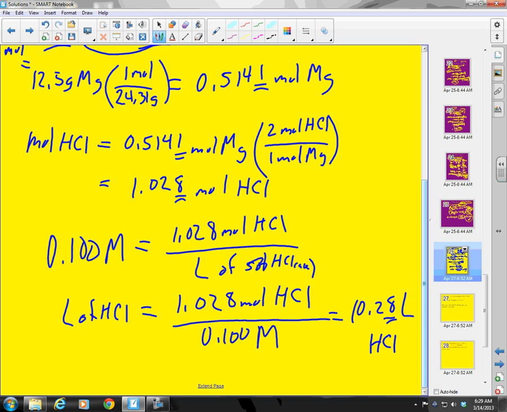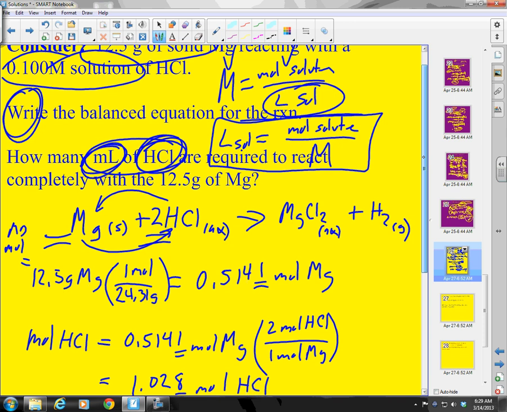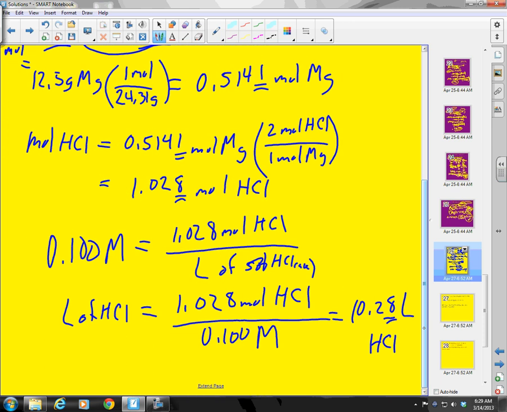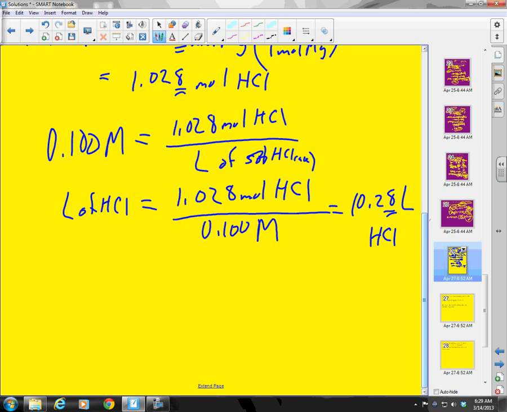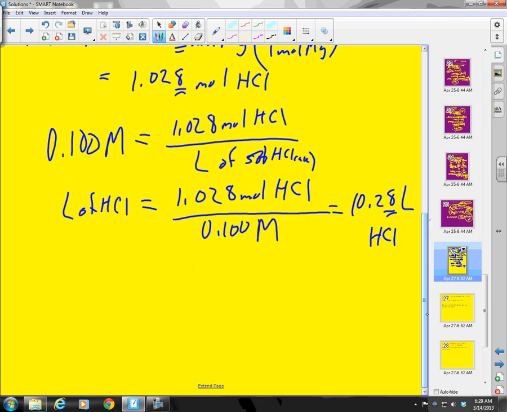But do I want liters of HCl? No, I want how many milliliters of HCl. Holy moly. That means I have to multiply that by 1,000. 10.28 liters times 1,000 milliliters per liter.